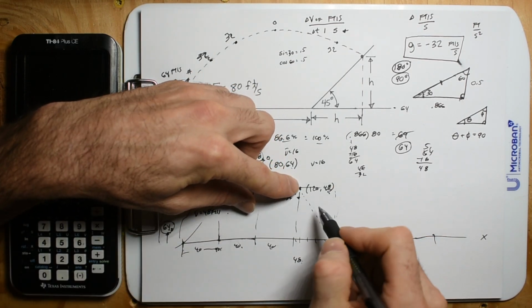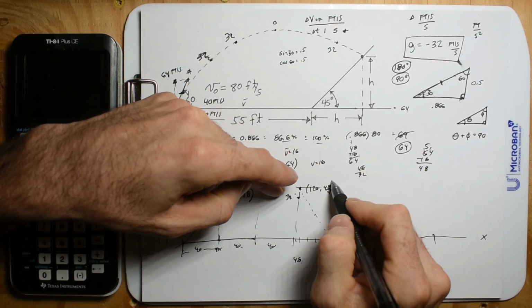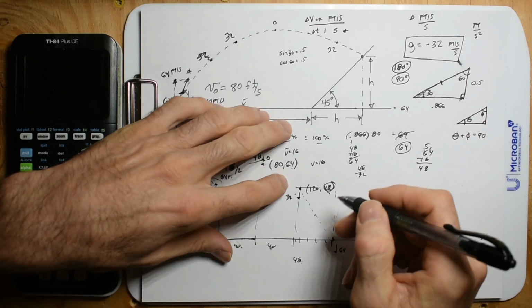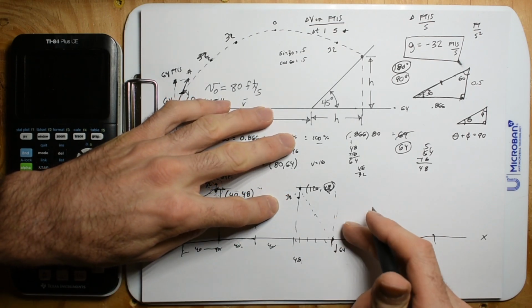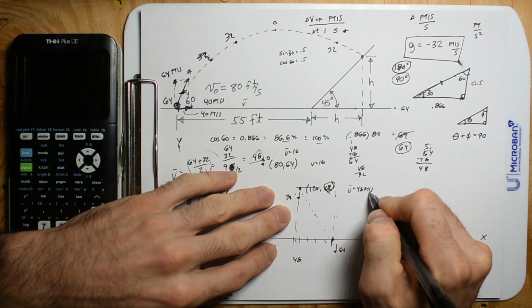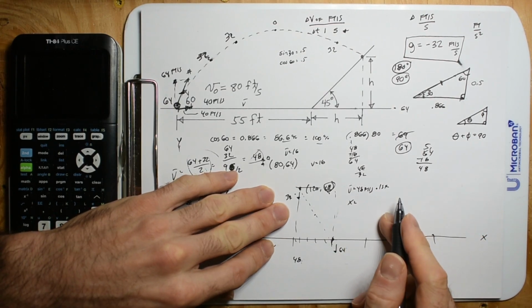So our average speed is 100% halfway between 32 and 64, and that's 48. Cool. So now we have our average speed is 48 feet per second. We're going to do that for 1 second. That's going to give us our distance.